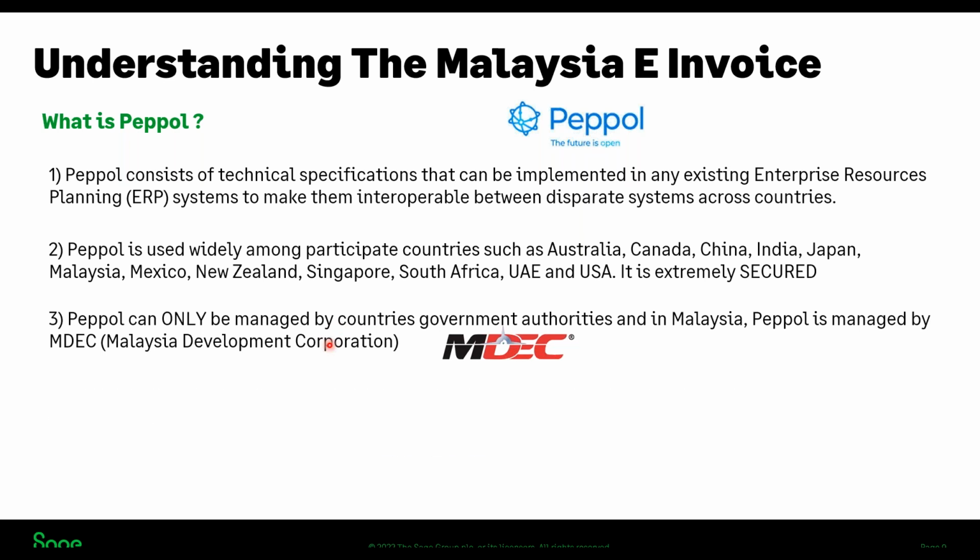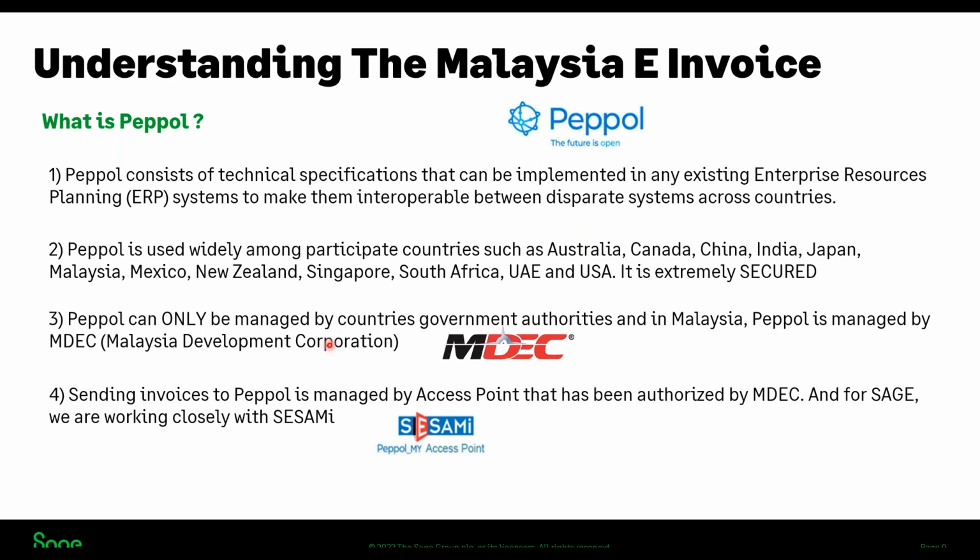In order for you to send invoices to PEPPOL, it is managed by the access point. Those access points must be recognized by MDEC. MDEC has a set of strict rules to make sure that the access points assigned to them have been authorized by MDEC.